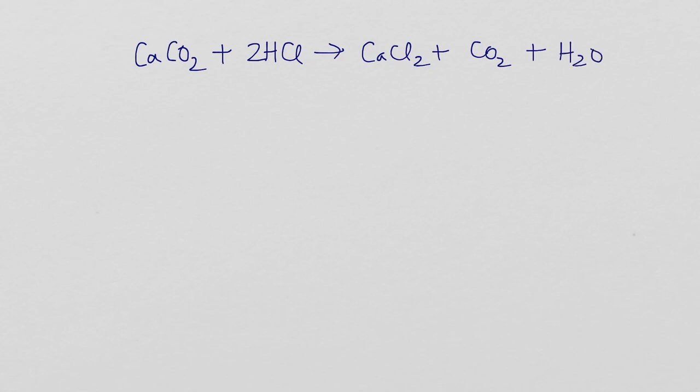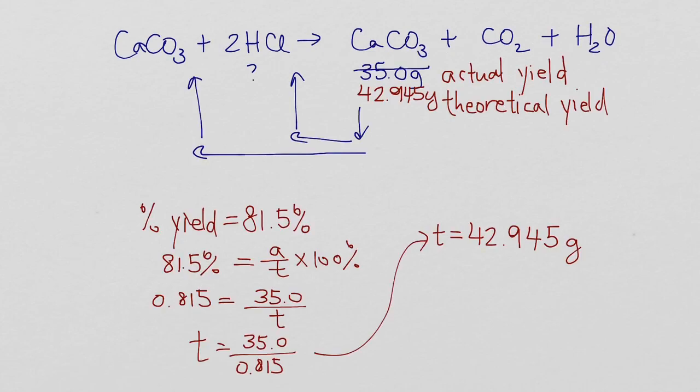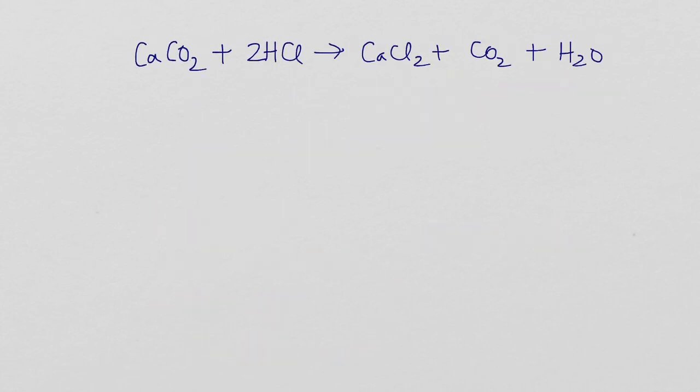So we just calculated that we need to plan on making 42.945 grams of this, and now we're looking at how much of each reactant we need to make that amount.